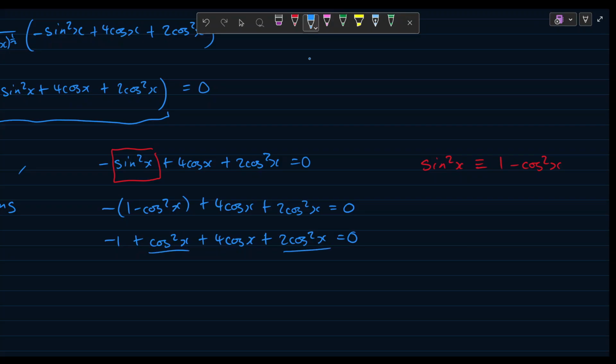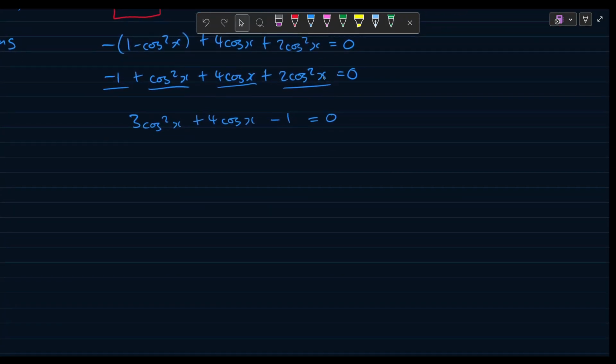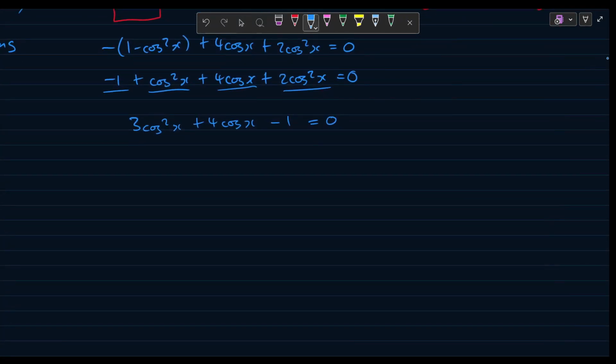Let's add the like terms. So we've got cos squared x plus 2 cos squared x, that's 3 cos squared x. We've got plus 4 cos x, and minus 1 is equal to 0. So we've got a quadratic in cos x. Alright, so let's use the quadratic formula here to solve.